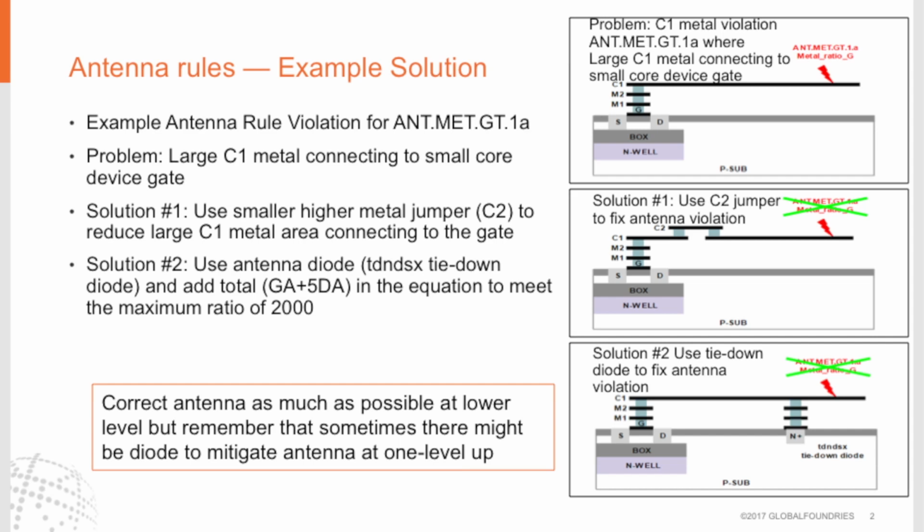The only metal used in the ratio would be the C1 on the left. And the other solution, shown as solution 1 in the bottom right, is to use a tie-down diode, which eliminates the ratio. Now, you need to correct the antenna as much as possible at the lower level, but remember, sometimes there might be a diode to mitigate the antenna at the next level up.